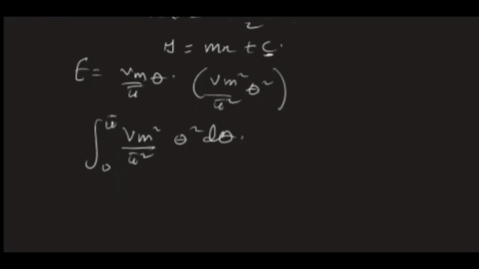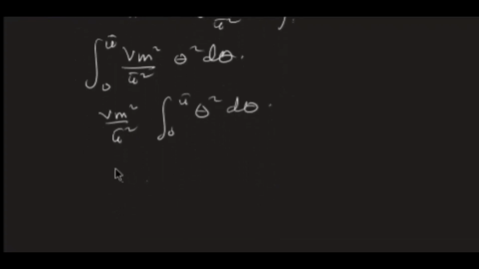Since I'm integrating with respect to theta, this will come out and I'll get Vm squared over pi squared, integral 0 to pi of theta squared d theta. This gives me Vm squared over pi squared, multiplied by theta cubed on 3, from 0 to pi.